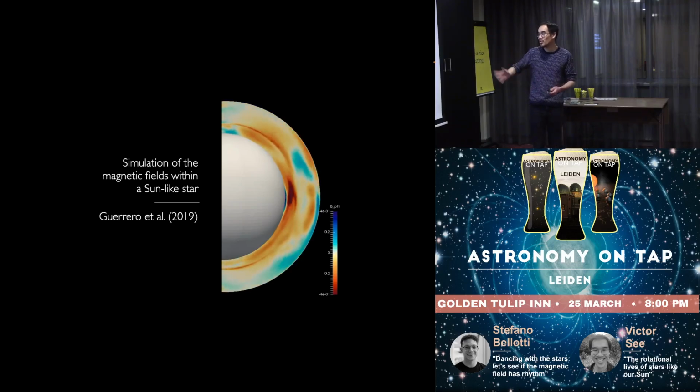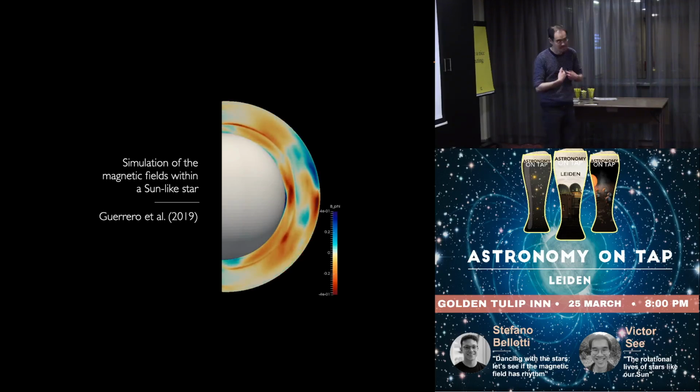You can see it's really complicated, it's constantly evolving over different length scales and time scales, and actually we still don't fully understand all the physics going on with magnetic field generation for stars, and this is an active field of research. It's not my field of research directly, but there's lots of people studying this.